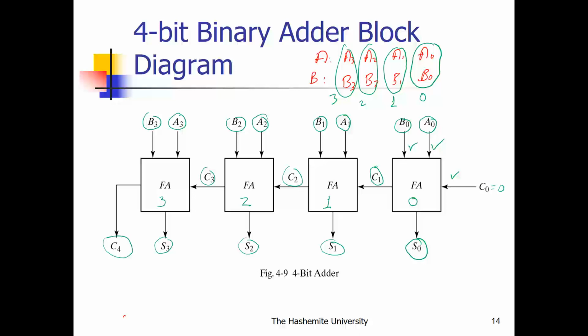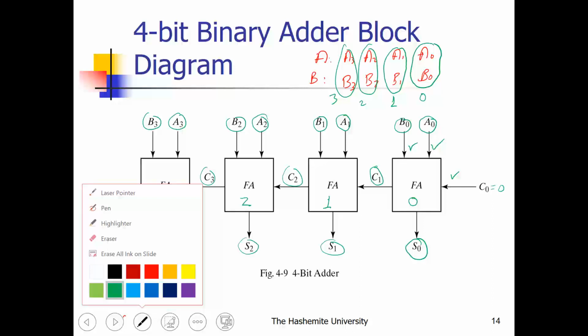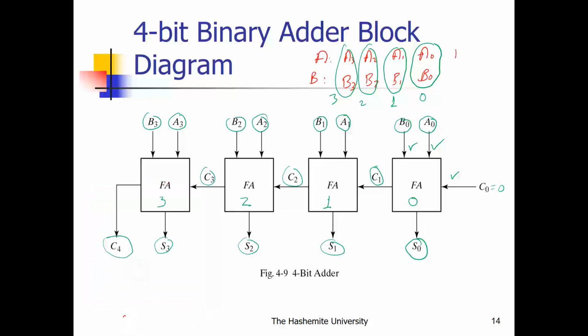And to verify, let's just assume, for example, that I want to add 1, 0, 0, 1, that's my A, to 1, 1, 0, and another 1. So A is 1, 0, 0, 1, and B is 1, 1, 0, 1.